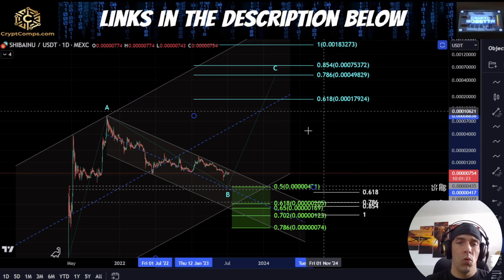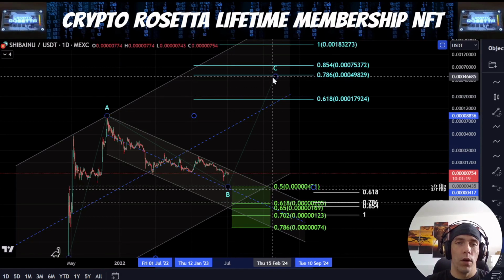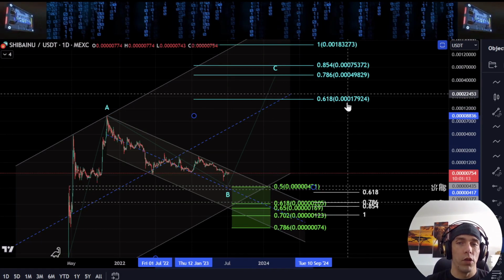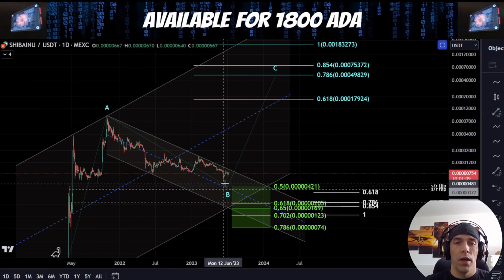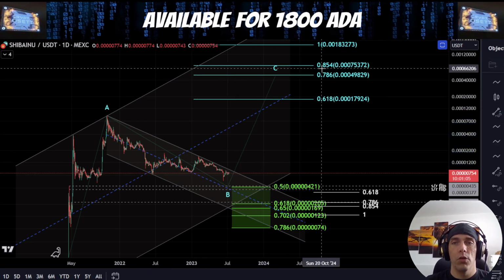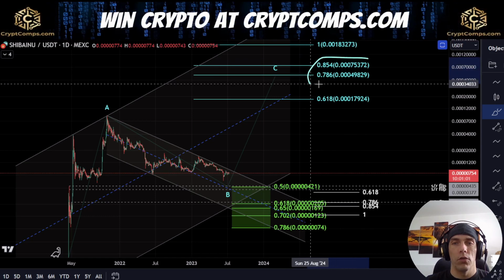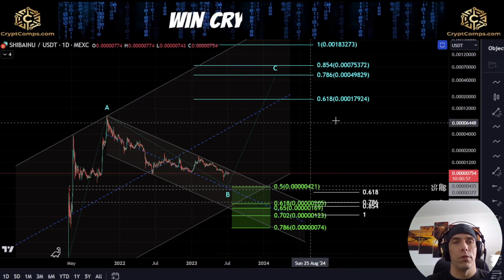And then more likely, which would be a more probable target, or at least a minimum requirement of this C wave, would be this 17924 region as a possible target. So that would be looking to sweep these highs here, and that would be looking at as our minimum target. If we do, however, push up higher here, we do have the 854 and the 786 sitting in these regions, which this could also align with an additional or with some alternative targets.